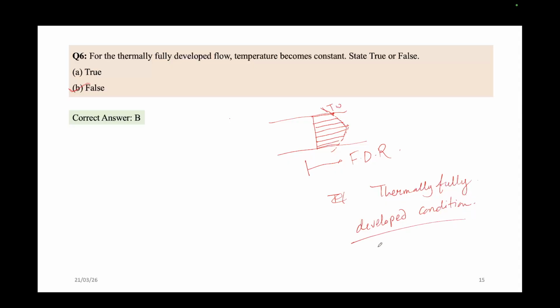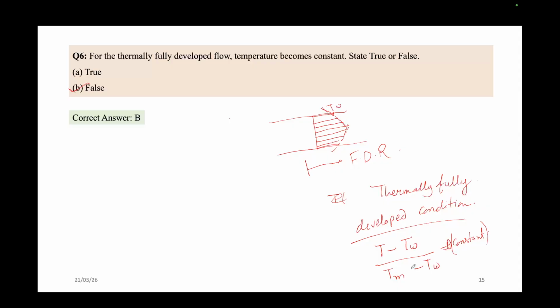A condition is there: (T minus TW) divided by (Tm minus TW) should be constant. Say it is theta, and theta should be constant.